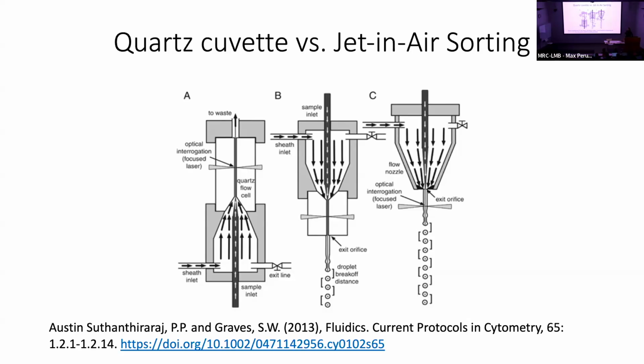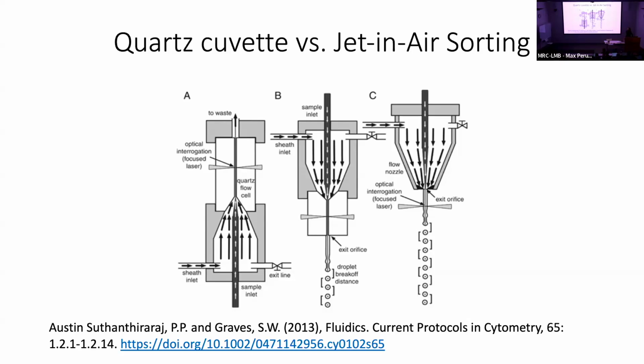The way that works, and we have 2 different types of cell sorters in the facility, and essentially there are 2 different types out there right now, is we have the quartz cuvette-based system, which is similar to the analyzer that I've outlined here, where the laser interrogation point takes place essentially above the exit orifice.